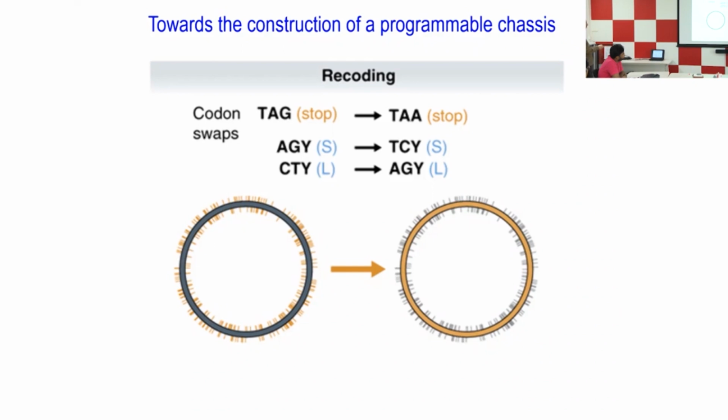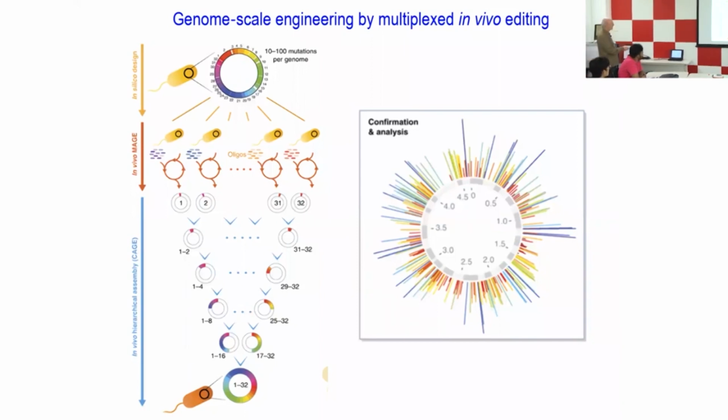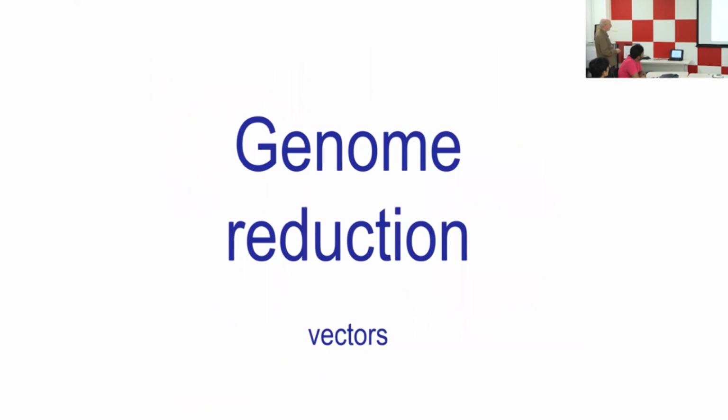Remember that there are 3 stop codons, and there have been cases where one of the stop codons has been reassigned to signify other things, not necessarily stop. To do that, until very recently, it was necessary to go one by one: to divide the chromosome into a large number of segments, enter the different mutations that are necessary in each of the segments, and then at the end combine all the segments into a single piece. This has been quite successful.